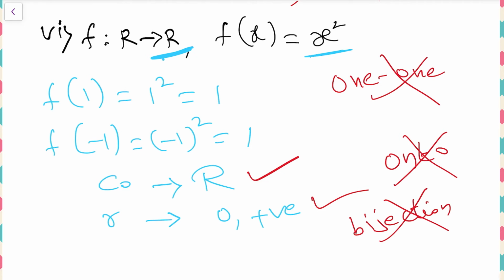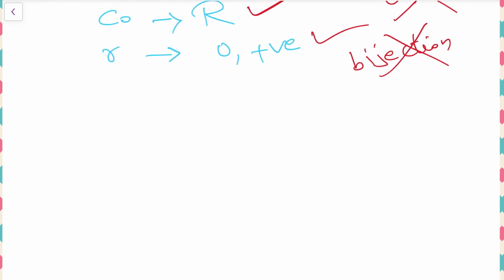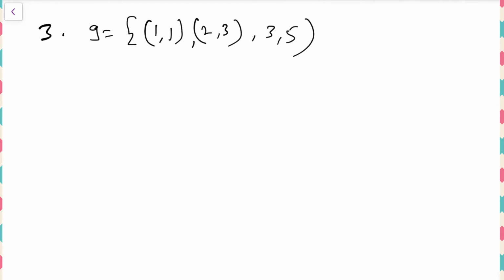Next, let us move to bit number 3. Bit number 3 is given as: g equal to {(1, 1), (2, 3), (3, 5), (4, 7)}.